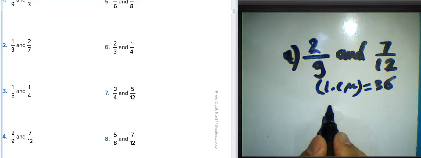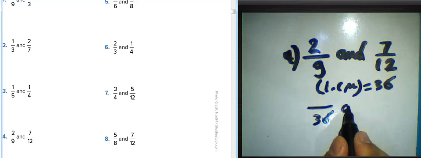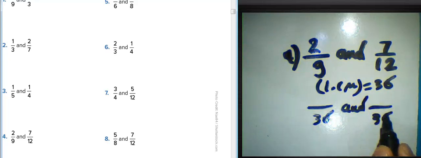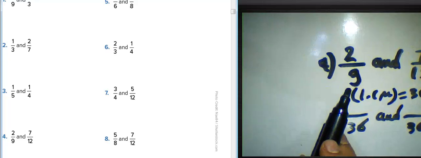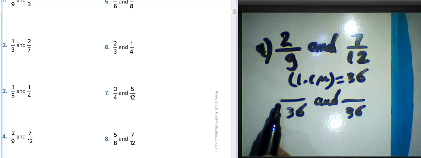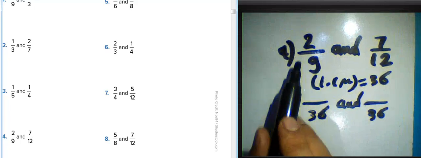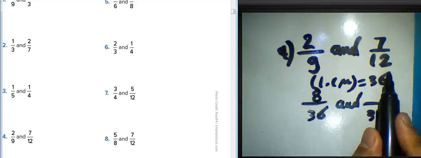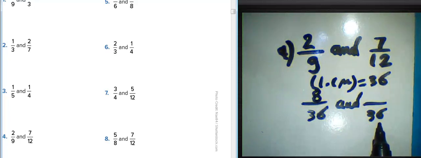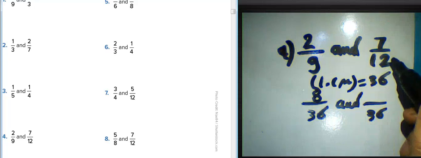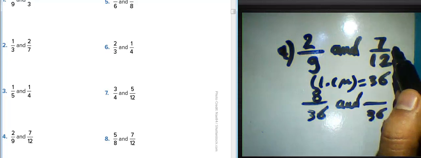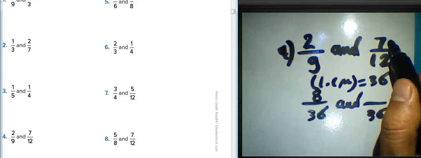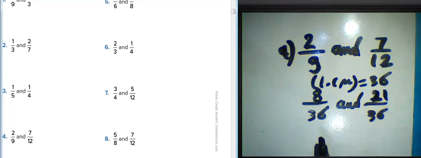We can write 36 in the denominator in the first fraction and 36 in the second fraction here. Ask yourself, 9 converts to 36 by multiplying by 4. 4 times 2 equals 8, and 12 times 3 equals 36. 36 here means 12 times 3. And then we can find the number in the numerator by multiplying by 3 to these digits here. 3 times 7 equals 21.